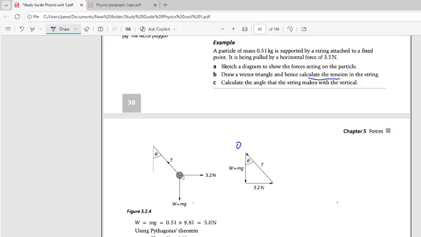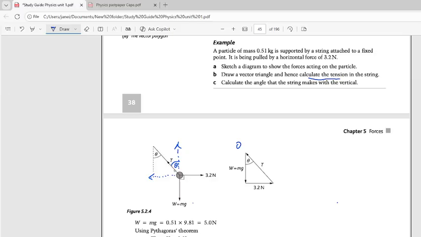So you have equal and opposite forces acting on the system. There's a downward force of weight and there's an upward force, and it's T something. I'm going to talk about what it is later on. There's also a force that is going in this direction, and these forces are balanced forces.